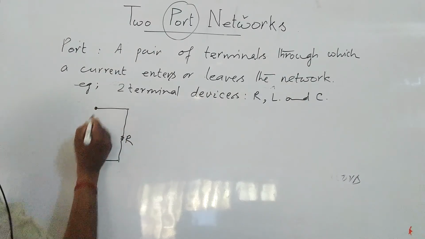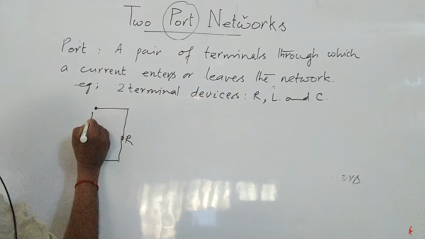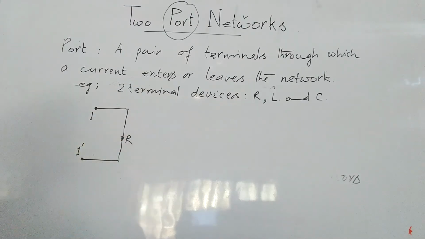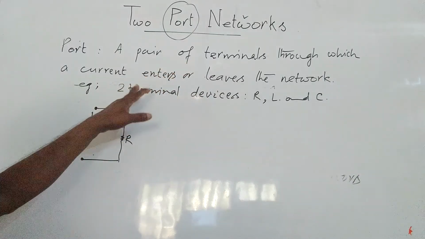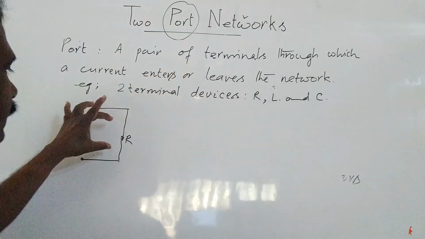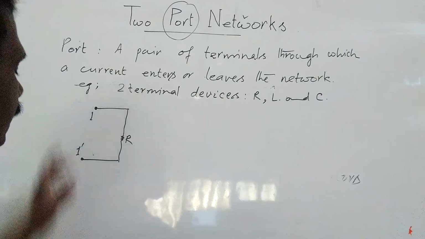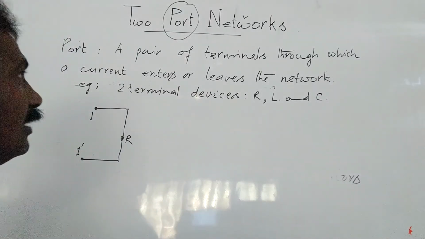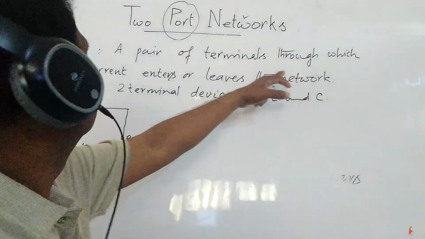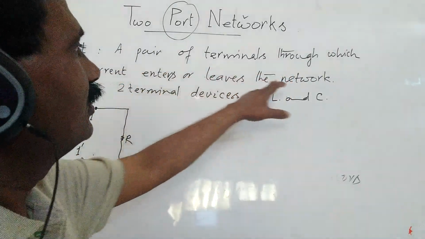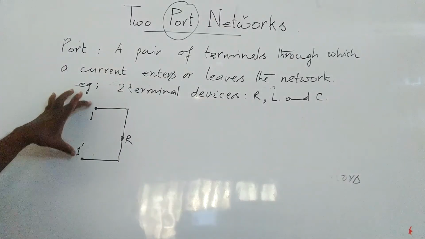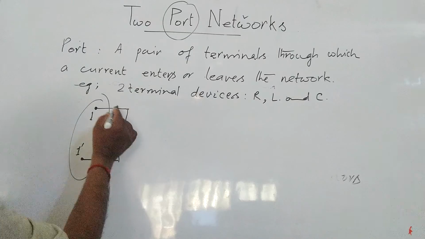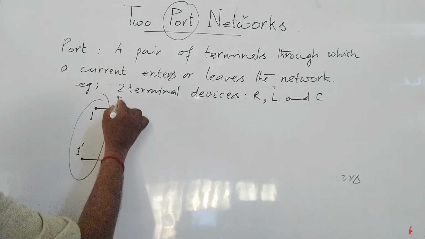It has two terminals. Let us say 1 and 1 dash. Then resistance is a two terminal device. It has two terminals. Then what I have shown? A pair of terminals through which a current enters or leaves the network. Here this is the pair of terminals through which a current will enter.